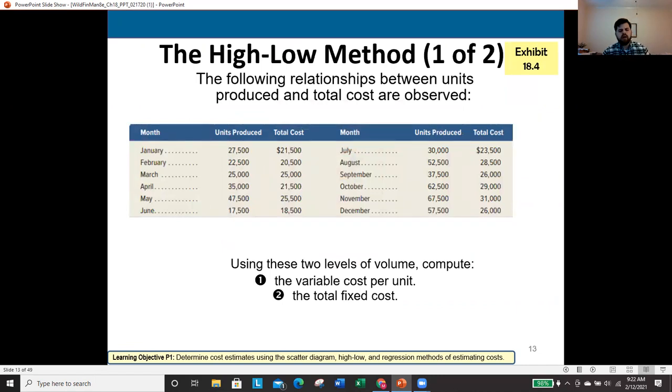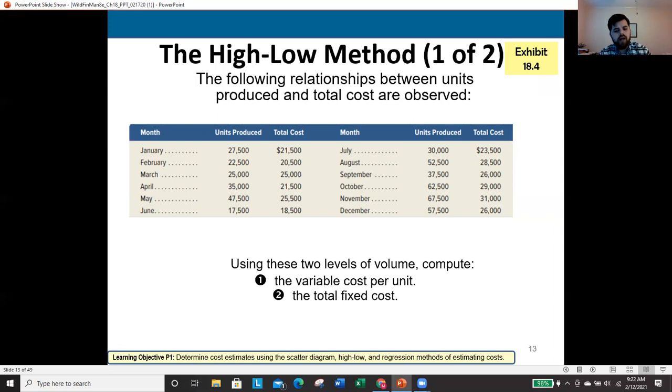Now, for the high-low method, we see here they give us a bunch of information for all 12 months. They tell me the number of units produced and the total cost. Under the high-low method, you must figure out which month has the highest and which month has the lowest. But the question is, the highest and lowest what? Is this the highest and lowest cost or the highest and lowest volume?